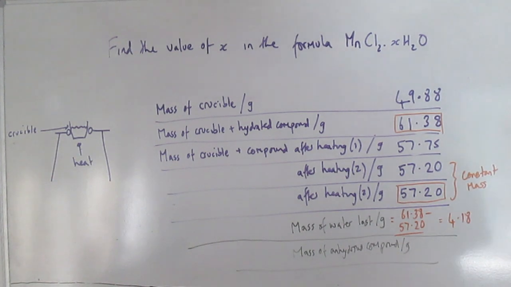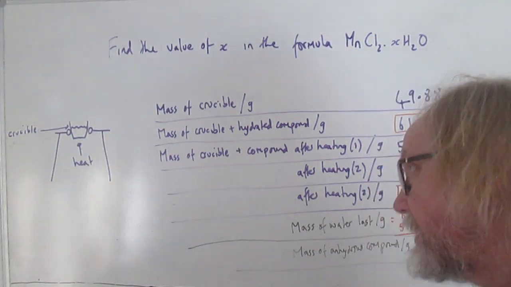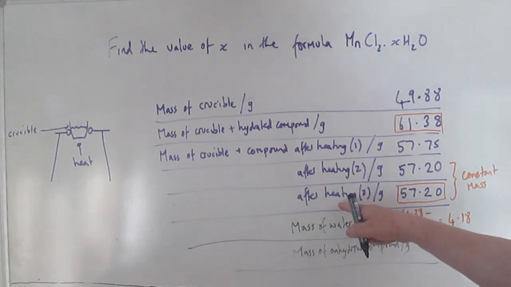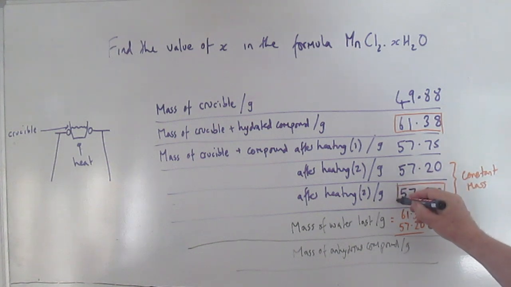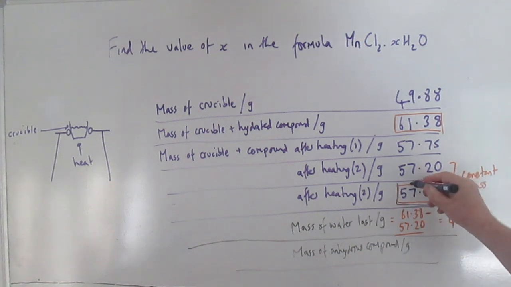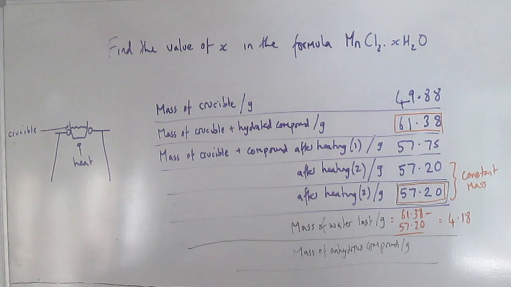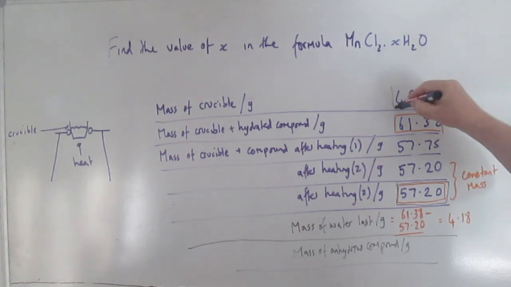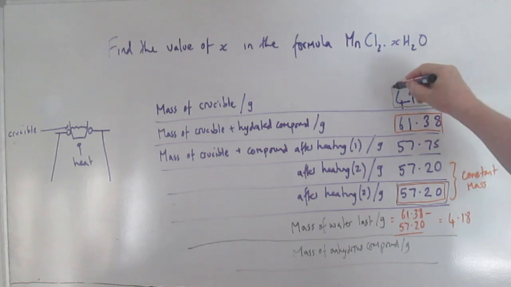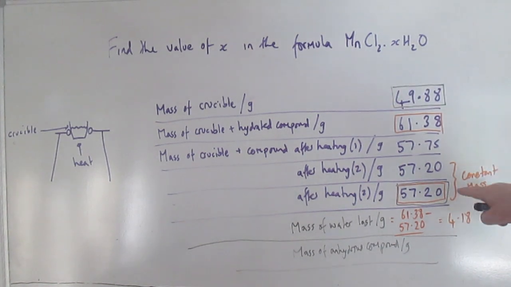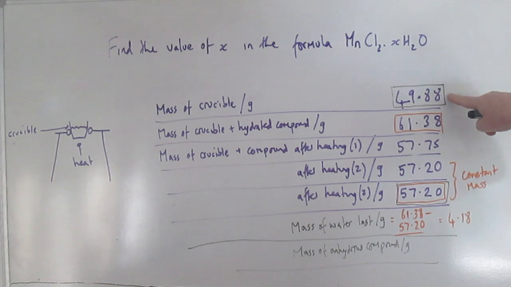The mass of the anhydrous compound itself is this mass at the end, because that's the anhydrous compound plus the crucible, and now we've got to take the crucible away. So it's 57.20 minus 49.88, because that's just the crucible on its own.